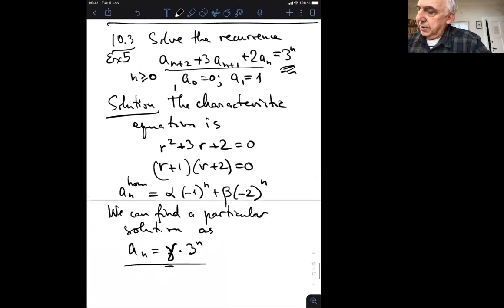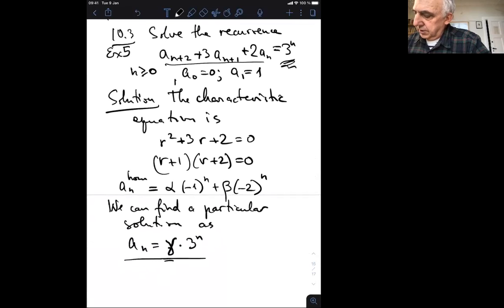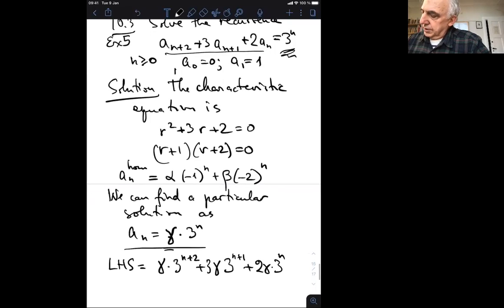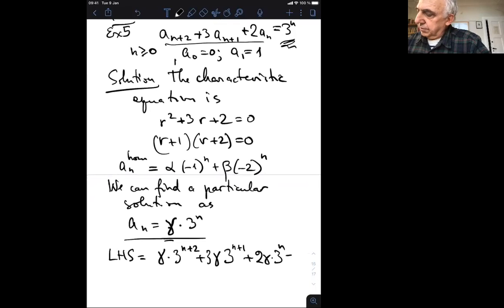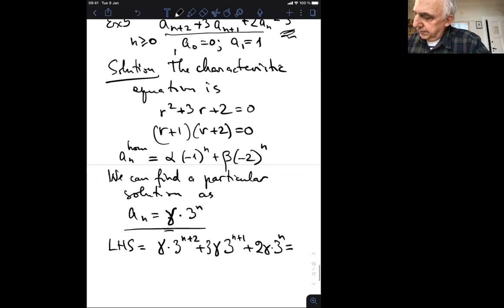Okay. To do this, we have to substitute this in our recurrence, and we'll be getting the left-hand side: gamma 3 to the power n plus 2, plus 3 gamma 3 to the power n plus 1, plus 2 gamma 3 to the power n. And we want this to be equal to 3 to the power n eventually, but let me first rewrite it a little bit.